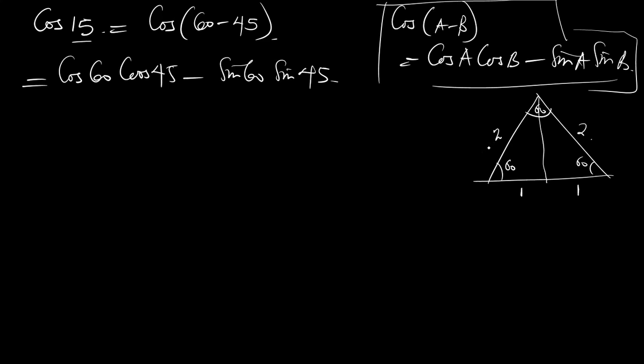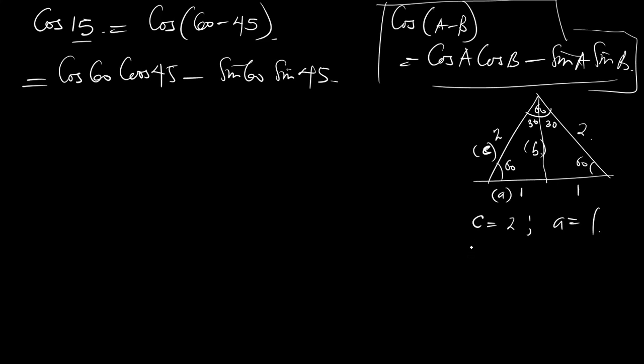Then let's assume here is C, here is A, here is B. Now we're looking for B. C is equal to 2, A is equal to 1. If you bisect this angle, here is 30, here is 30.